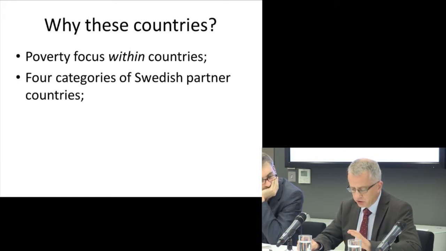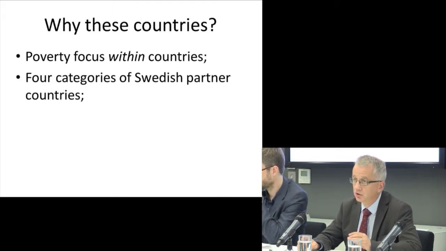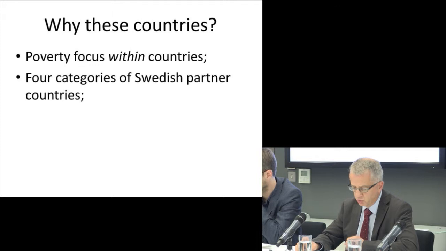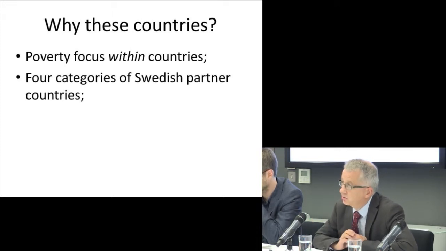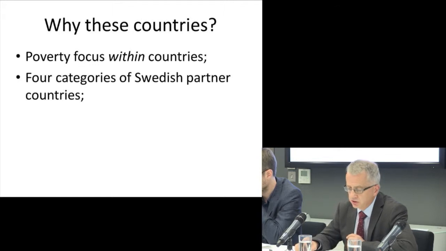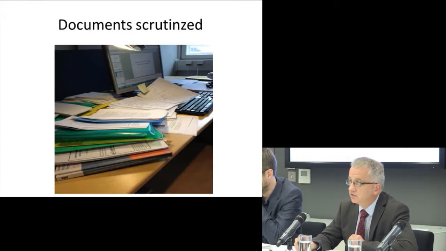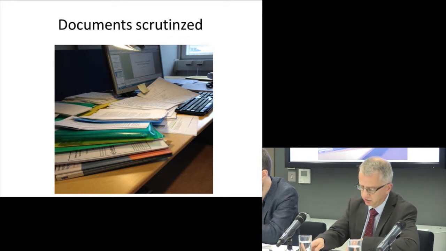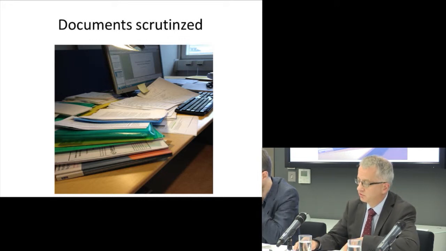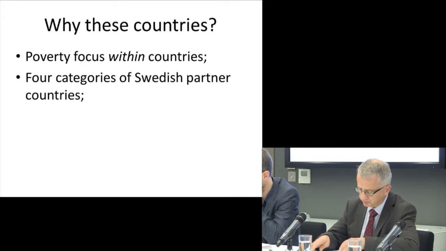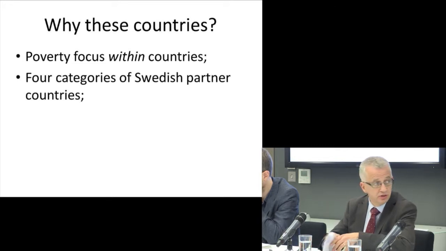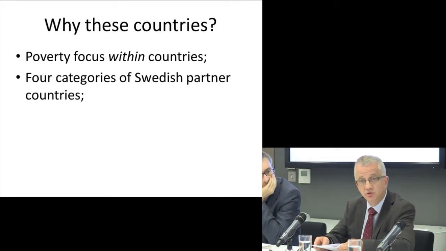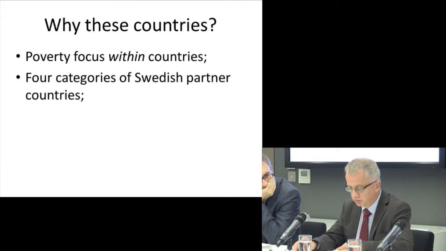My argument for choosing these 12 countries in the 4th category, long-term collaboration, is that it would be more feasible to build up a good poverty strategy in these countries. So this would be our best chance to find poverty-focused aid portfolios. And if we do not find it here, we would not expect to find it elsewhere, probably.